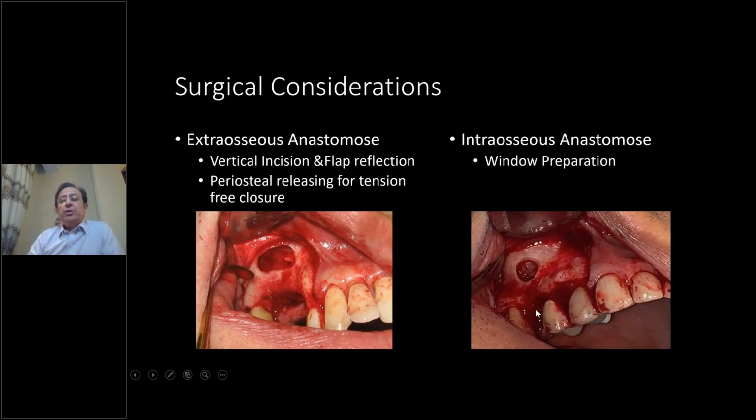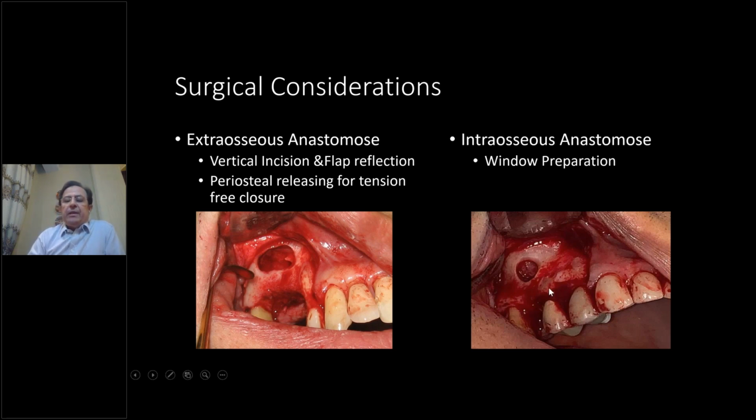In the literature, it has been shown that in 20% of cases, the surgeon may encounter the intraosseous anastomosis and damage it, with severe bleeding.